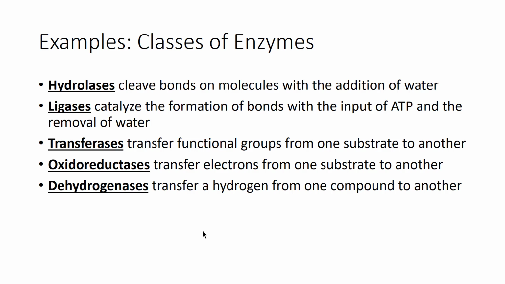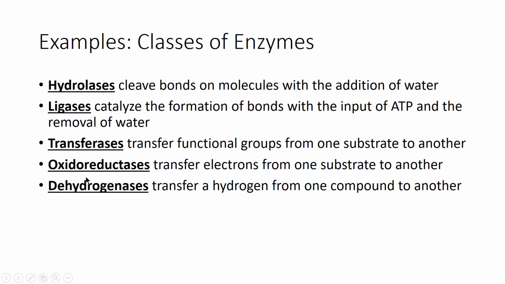So a ligase is something that usually joins things, often with the input of ATP. Transferases, the name actually kind of says it. They transfer, but what do they transfer? Parts of a molecule, which can be referred to as functional groups. That's more of an organic chemistry topic in and of itself, but functional groups are parts of a molecule, usually the parts that have specific functions, hence the name.